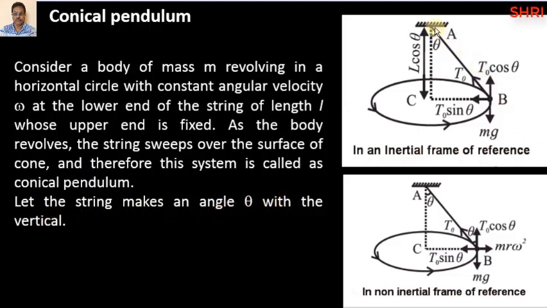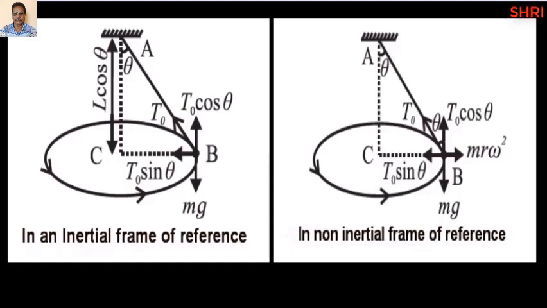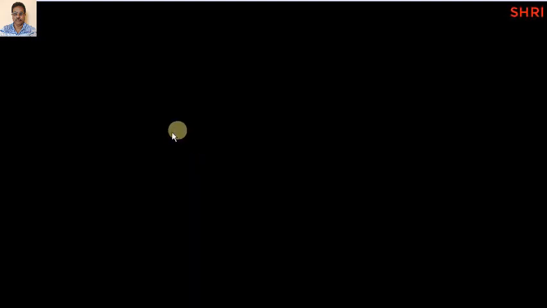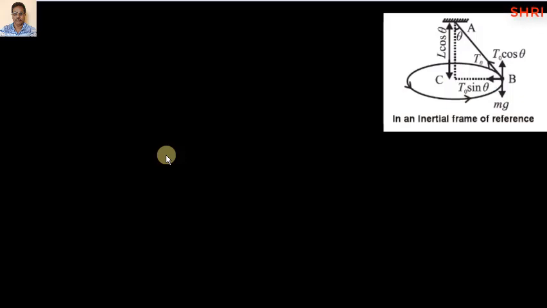That means the length of the string is L, theta is the angle made by the string with the vertical, and omega is the angular velocity, which is constant throughout the motion. The first figure is in the inertial frame of reference and the second figure in the non-inertial frame of reference. Now the various forces acting on the bob.